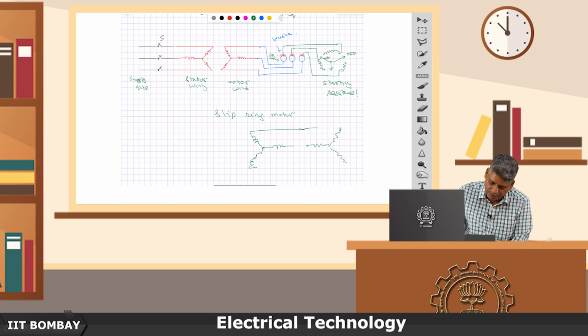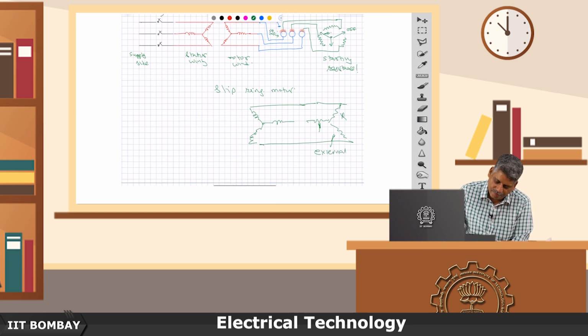These are external resistances equal in value, because we want to make a balanced circuit.